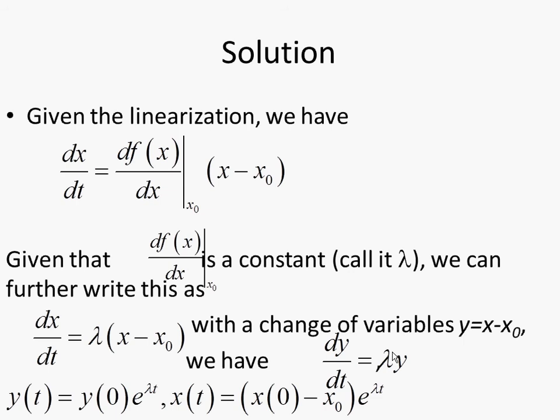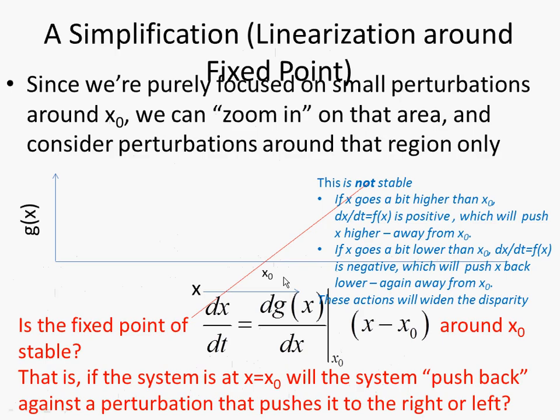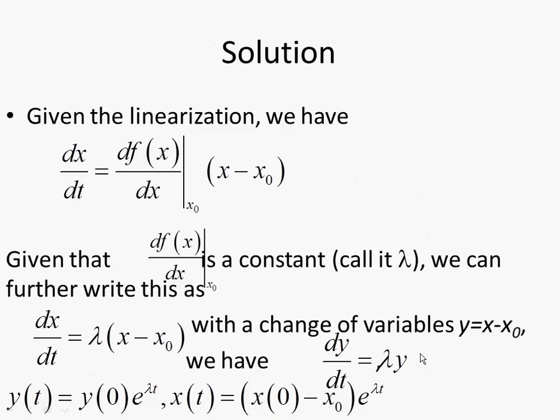By contrast, ladies and gentlemen, if we have this sort of situation, we're going to have a lambda that is positive. And we're going to get a divergent situation where this thing is going to diverge faster and faster away. And we're going to get, just like we saw quite a few lectures ago now, with reinforcing feedbacks, this divergent behavior.